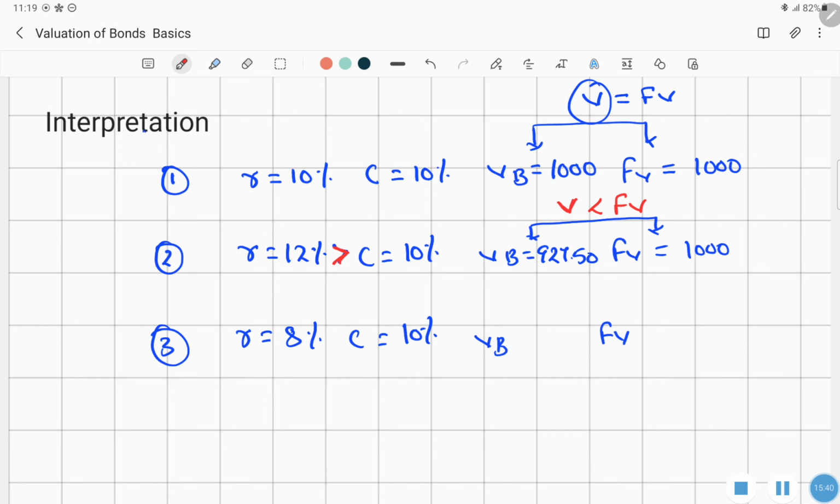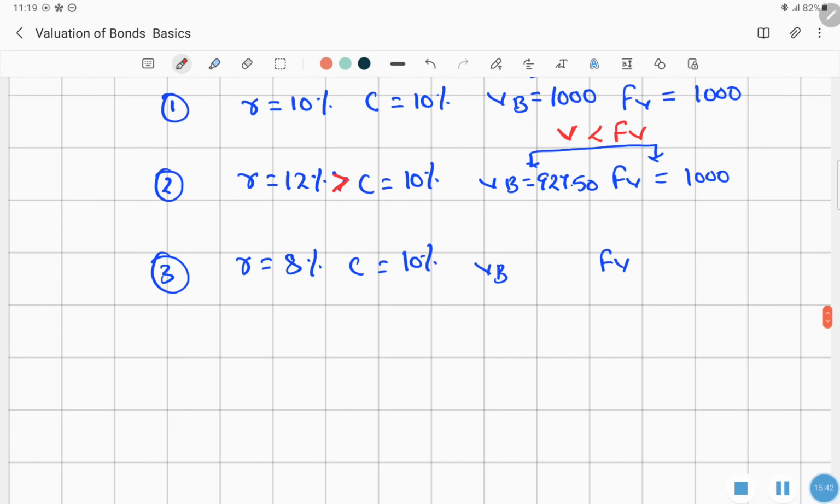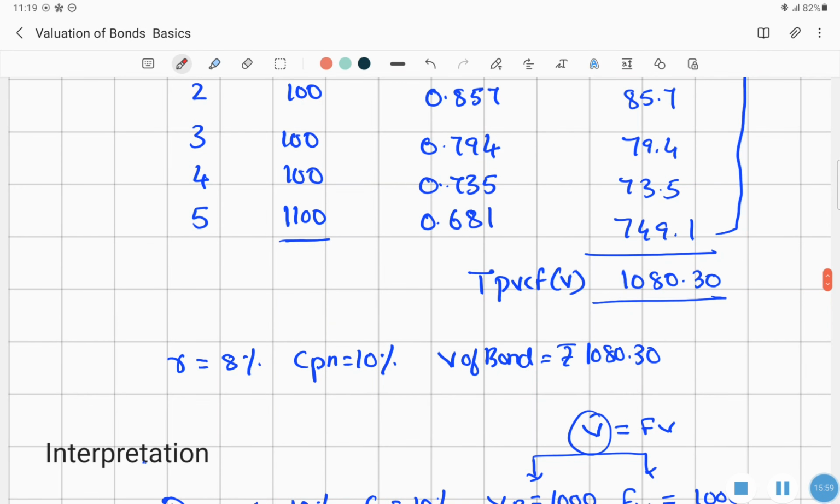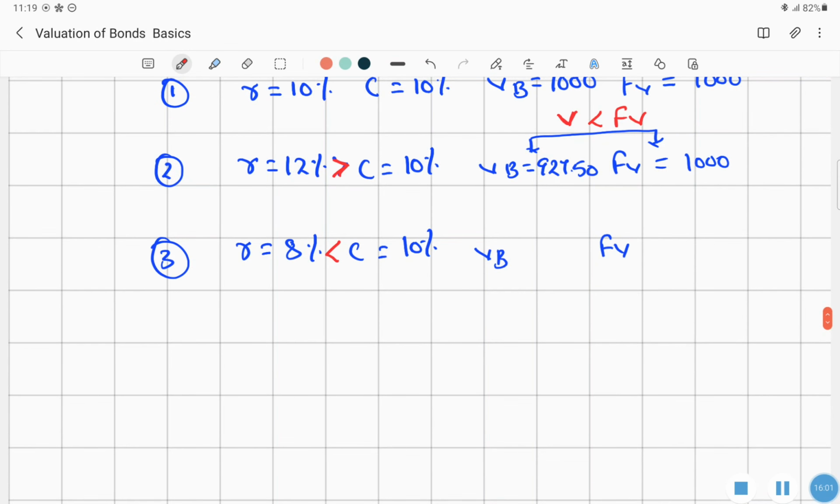Then coming to the third situation, we have done the variation of the required rate of return, when the required rate of return is less than your coupon rate. So what is the value of the bond? The value of the bond is 1080.30.